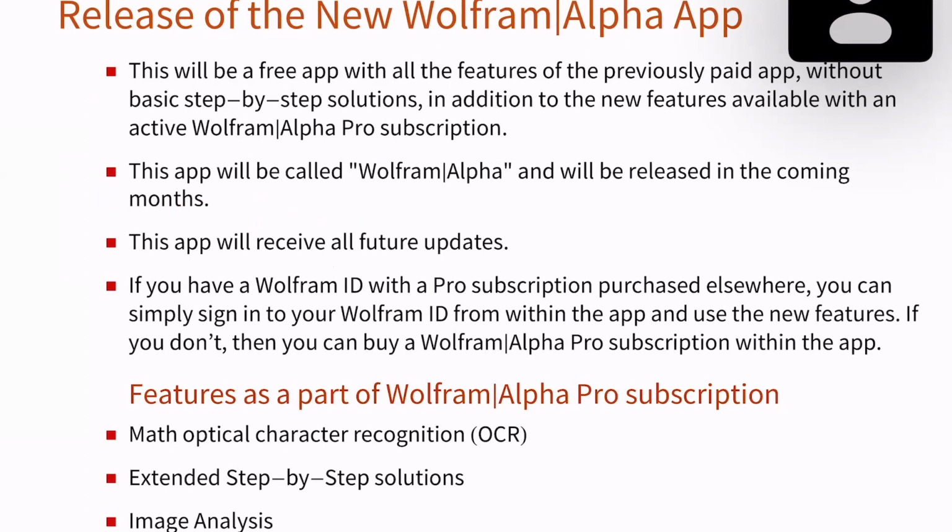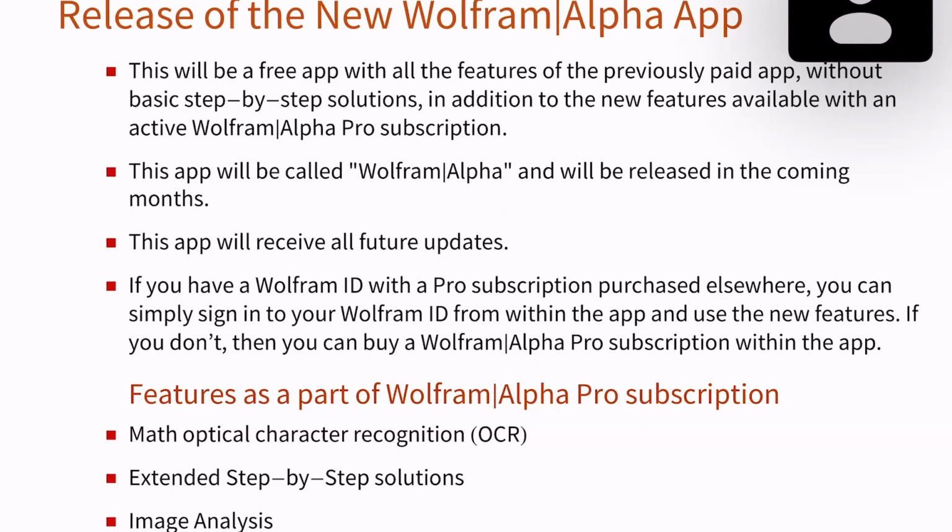This will be called Wolfram Alpha and will be released in the coming months for Android. This app will receive all future updates. And as Nick pointed out with the iOS app, the Android app will also honor the Wolfram Alpha Pro subscription purchased on the website, and it can also be purchased in the app using the Play Store.